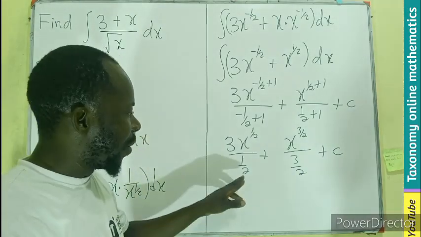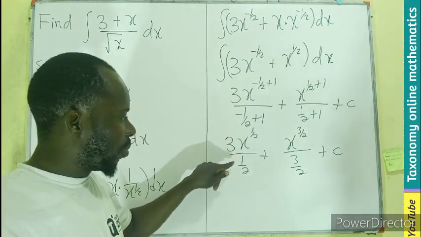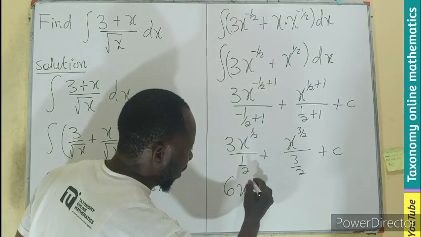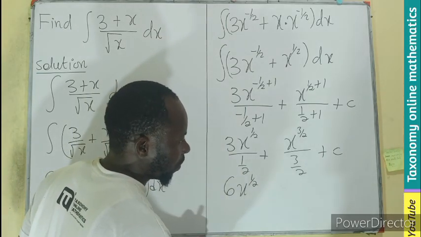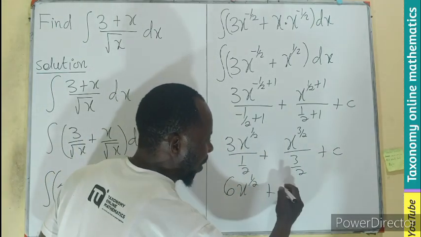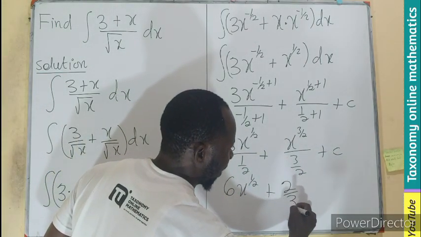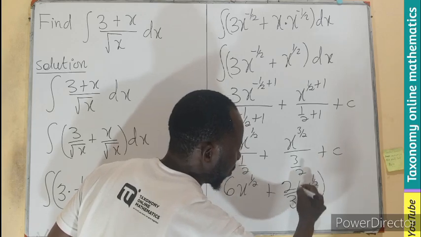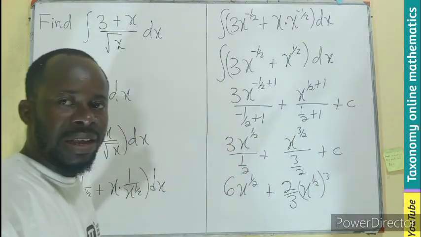As I said earlier, the 2 goes up to multiply and the 1 comes down. So that gives us 6 x exponent half, plus 2 over 3 times x exponent half raised to the power 3. That is the same as that.